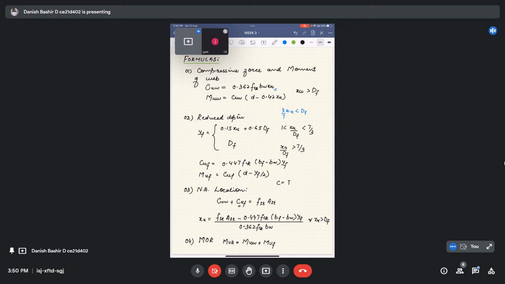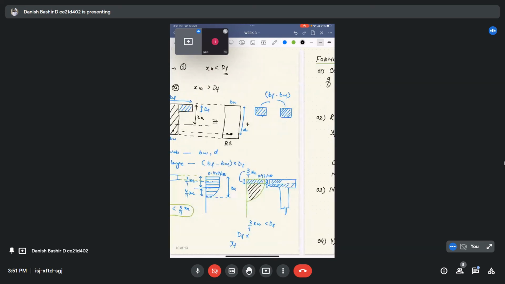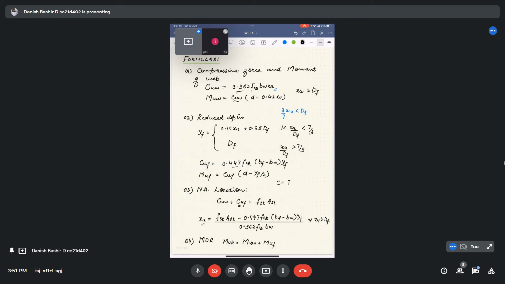When we plug in all the values of CUF and CUW and solve it for XU, we will get this big formula for XU. You don't have to remember this formula. You can derive it in 2 minutes if you remember the analysis of how to do this. We only have to use this equilibrium principle: compression is equal to tension. Equate compression equal to tension.